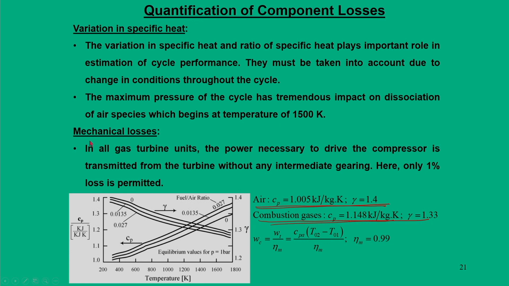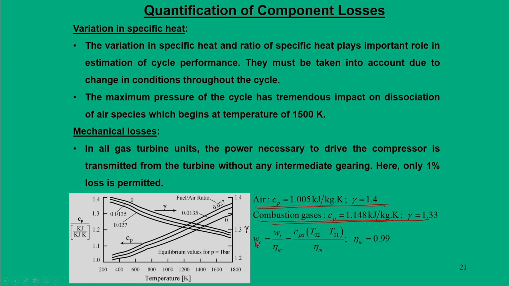And the last part is the mechanical losses. As I mentioned, the compressor is always driven by the turbine, so there are transmission losses in terms of bearing and windage. Only one process loss is permitted here.